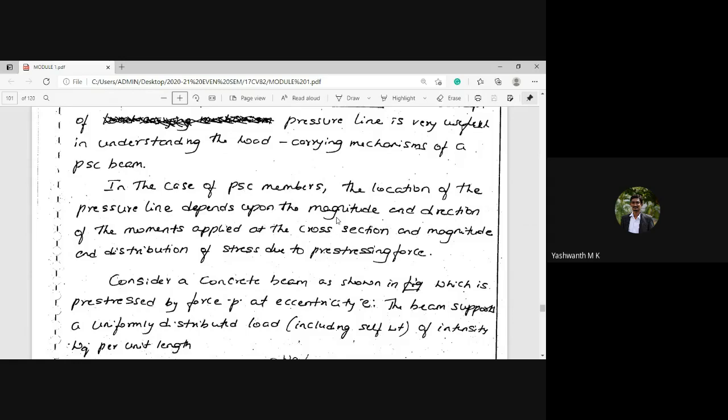Based on these two, the pressure line may vary in the cross section of a beam.